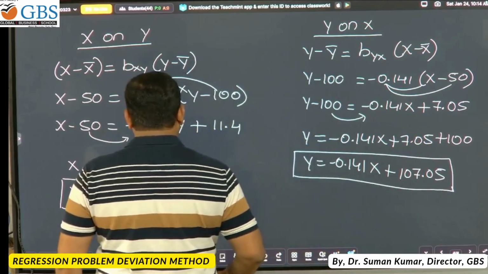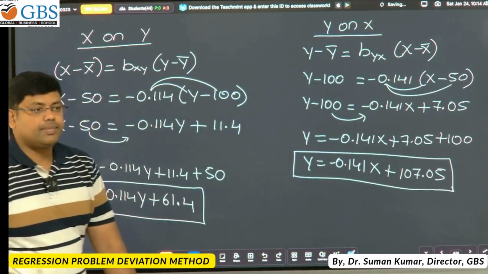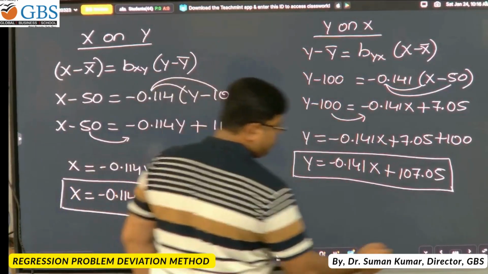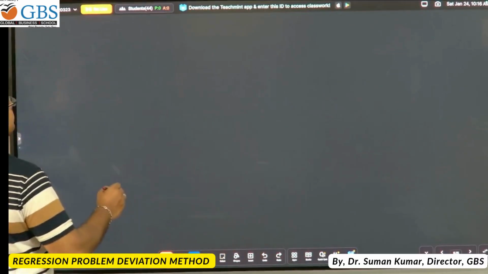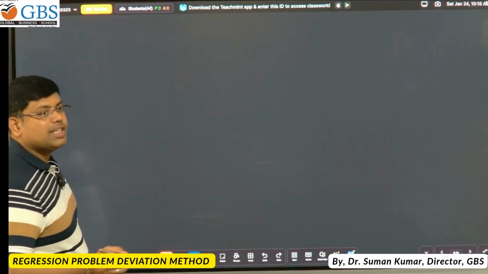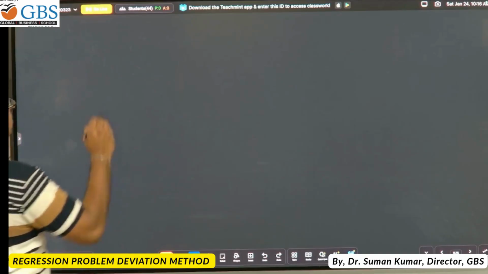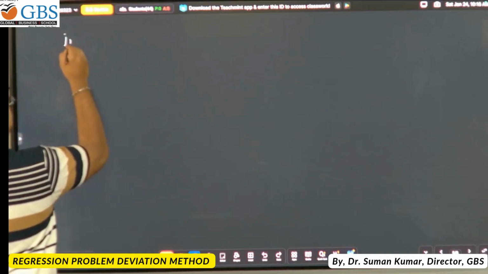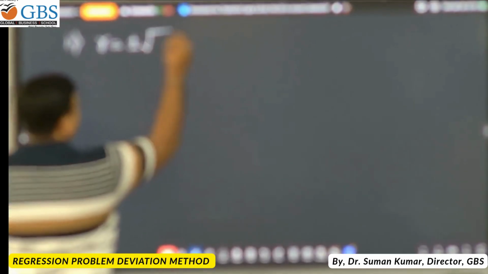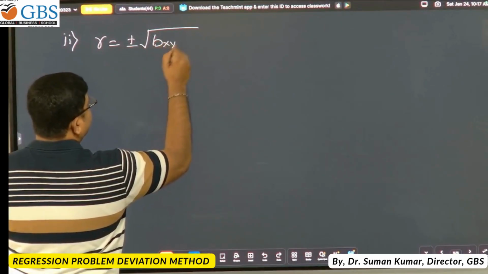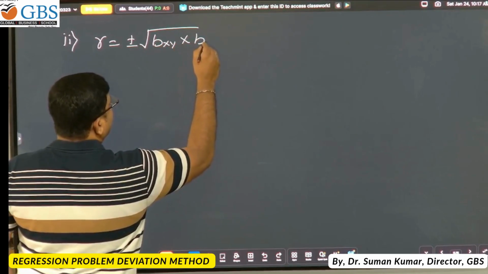This completes sub question number 1. Moving forward, second question. What is the second question? Find the correlation. So the formula for sub question number 2, r is equal to plus or minus square root of bxy into byx.